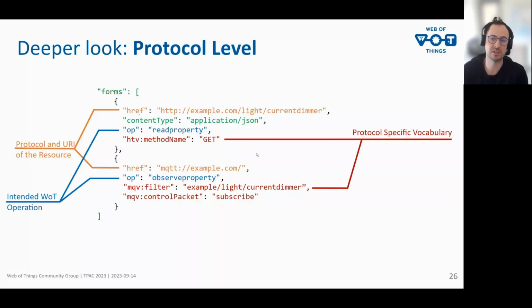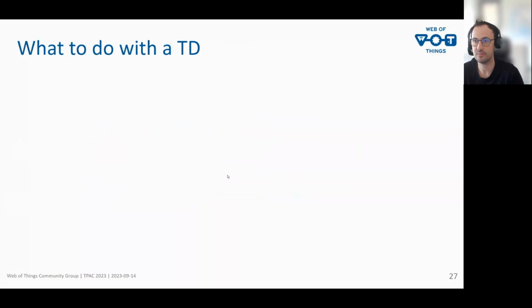Instead, for observing a property, it's more convenient to use MQTT in this fictional use case. So the thing description designer used MQTT, and needs to describe the example light current topic using a subscribe control packet, and the operation is of course observeproperty.